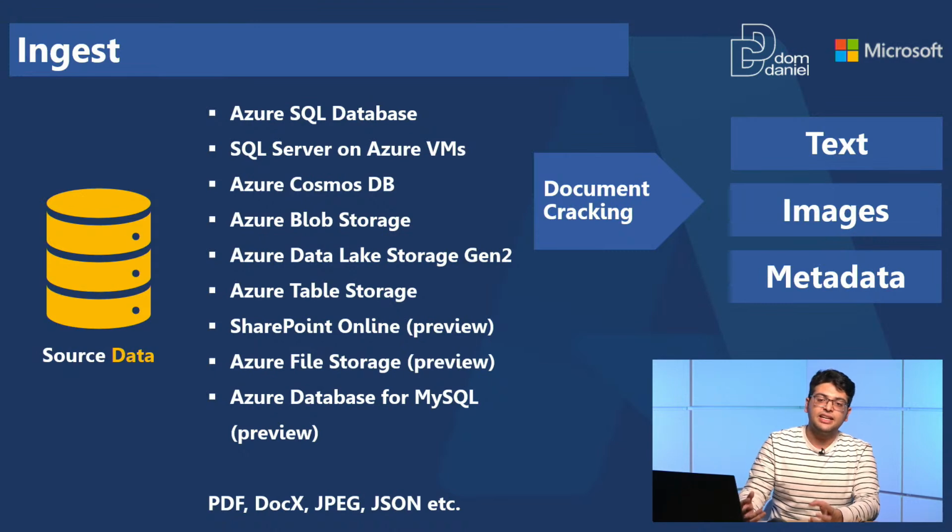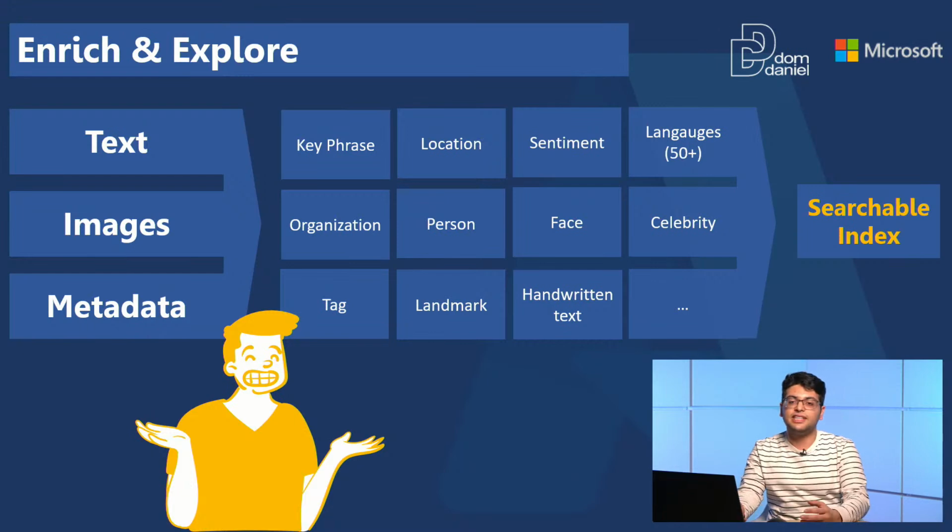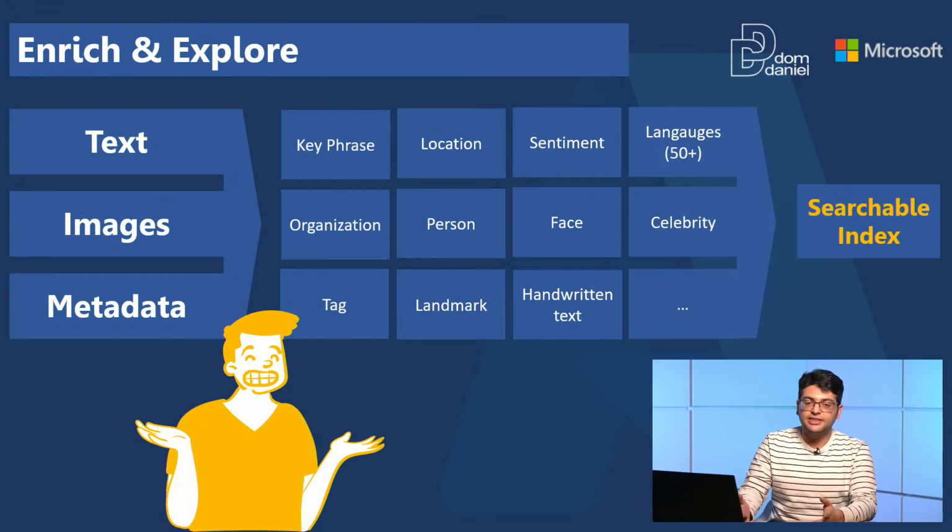Like you get text and images data and metadata, like location data from images. And using this data, with cognitive skills, you extract key phrases, location. You can also translate this information with 50 plus languages, like from English to Swedish, or Swedish to English, which I'm going to show you today in demonstration.